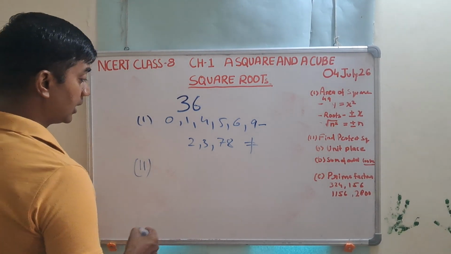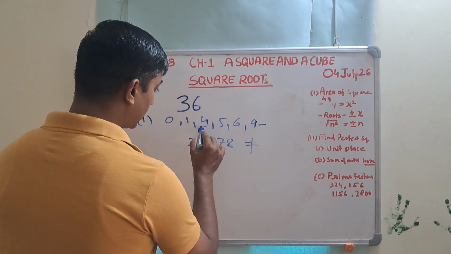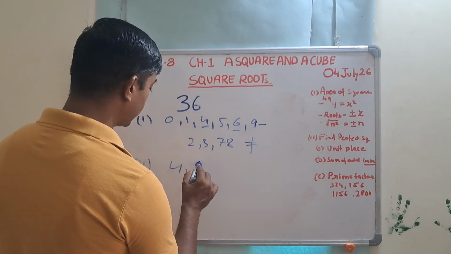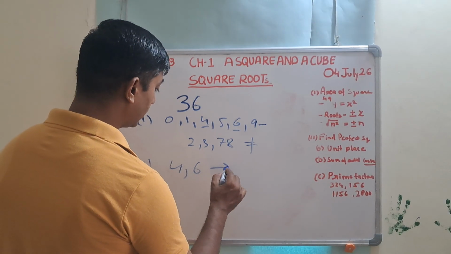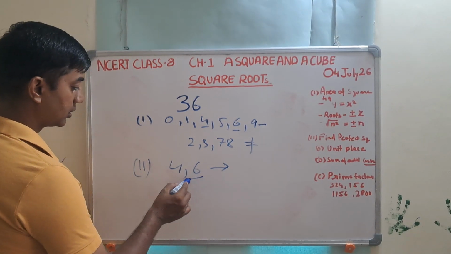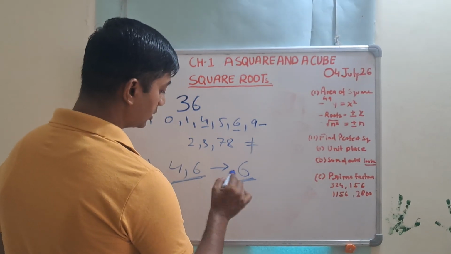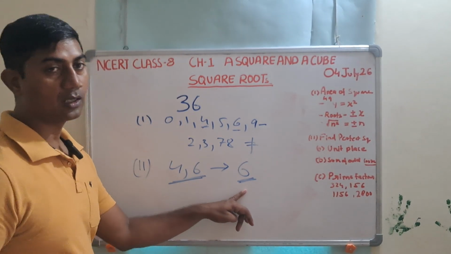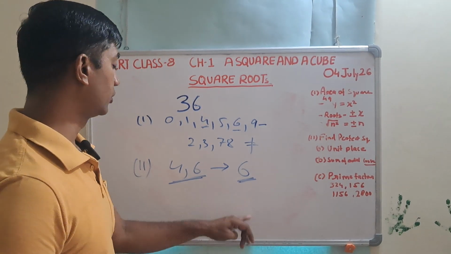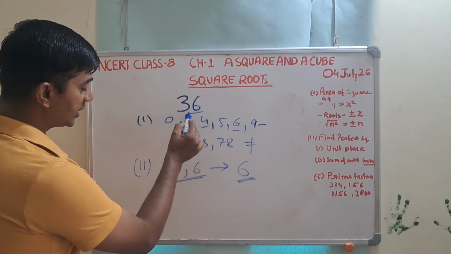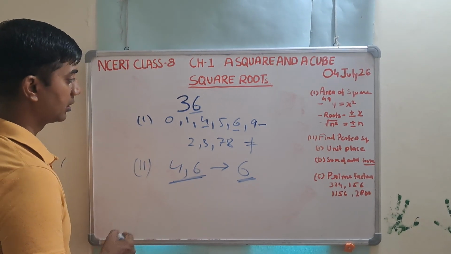The second method was if the number has unit place 4 and 6. If the number has unit place 4 and 6, then 6 is the unit place of the perfect square number. Understood? It means in 36, the unit place is 6.